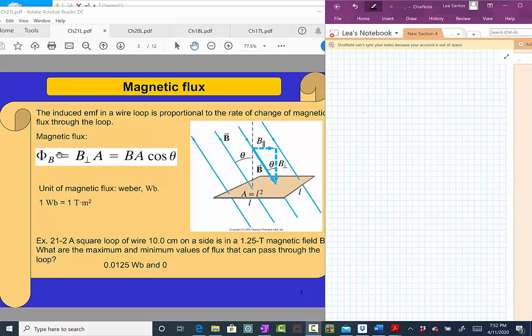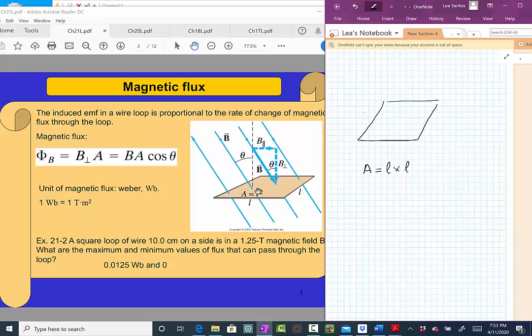And before I tell you what this magnetic flux is, this equation here, let me discuss this drawing. Here we have a square, so we have a wire, just as before our loop was a circle. Here now we have a square. And the area within this wire is the side multiplied by the side, L squared, as you see here.